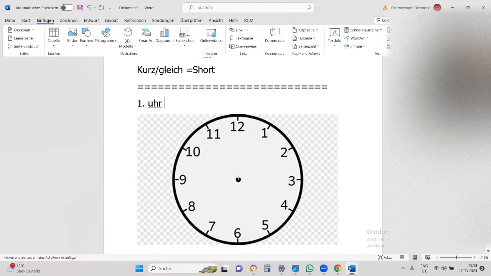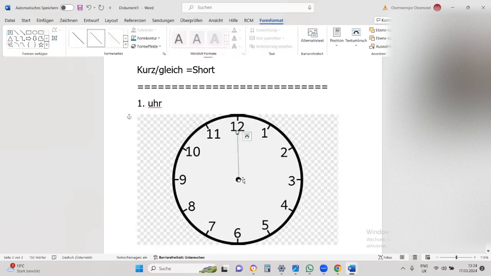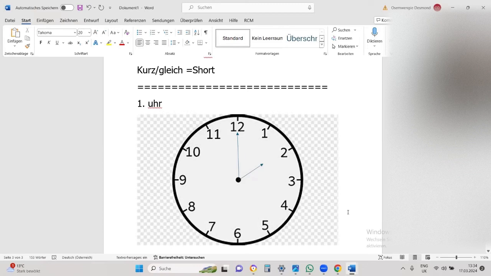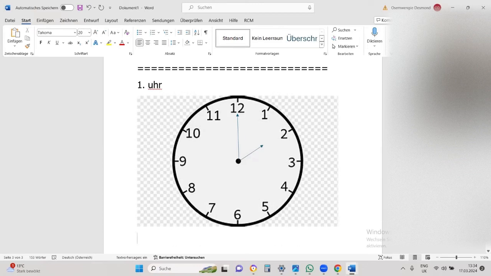Good. So let's start with 12. We have the small hand and the big hand. If you look at the time here, this tells you what the time is. It's like in English saying 2 o'clock. In German, I will ask you, wie spät ist es?